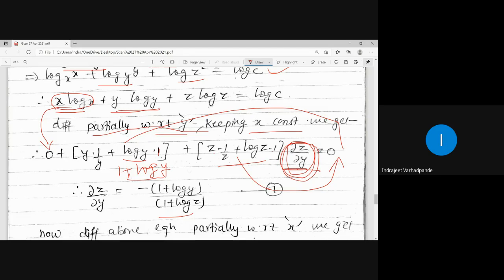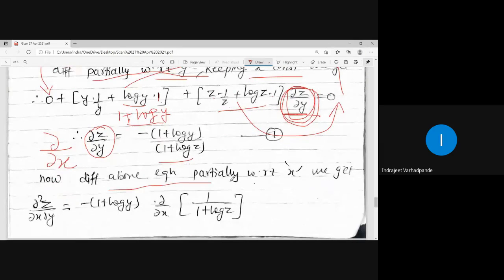Now what you have to do, the innermost derivative you have calculated. Now we have to differentiate this partially with respect to x. So now differentiate the above equation partially with respect to x. While differentiating partially with respect to x, which variable will be treated as constant?